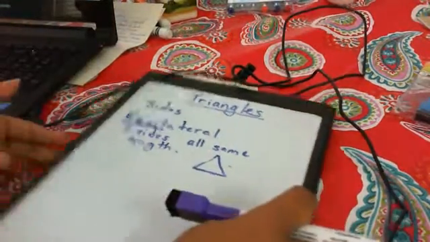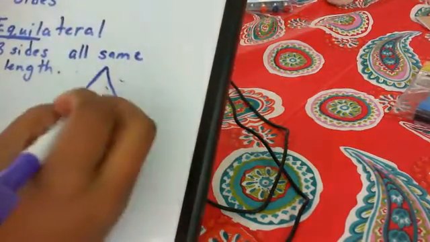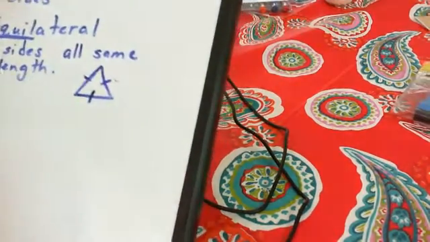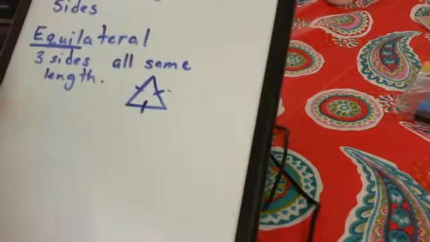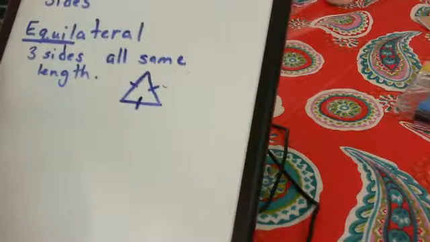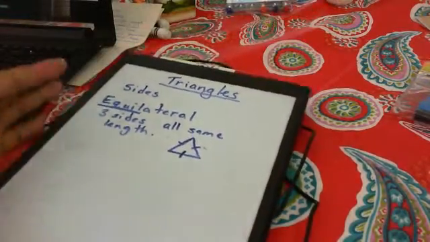It's a symbol for congruent, which means that they're the same. So here's our triangle. To represent that my sides are the same, I'm going to do a line, and a line, because that shows that all three sides are the same. And when we get to our next triangle, you'll see the difference in this. Alright, so let's go ahead and go to our next triangle.